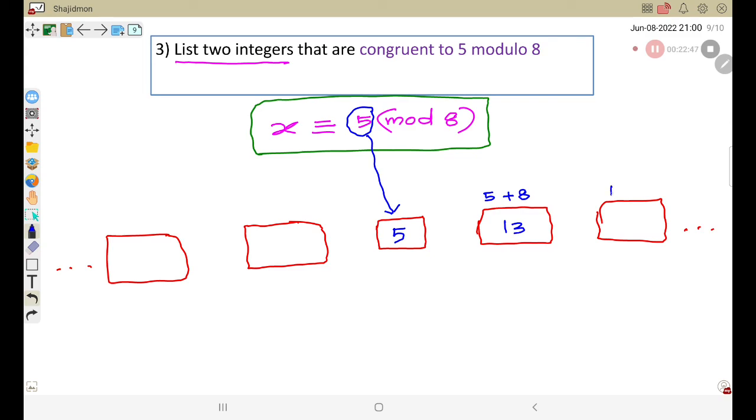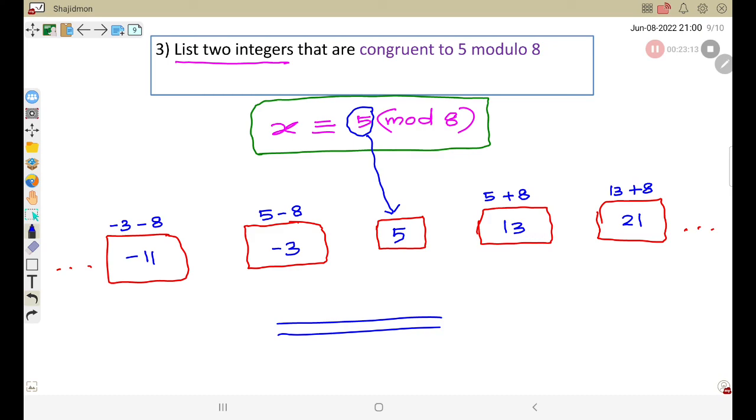Now this 13, plus again add the modulo number, 13 plus 8 means 21. Like that it is continuing. Now on the left side we write 5 minus the modulo number, minus 8. So minus 3. Then minus 3 minus the modulo number 8 gives minus 11, like that it is continuing.